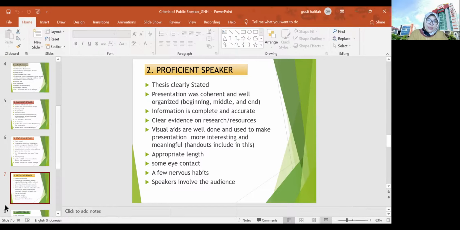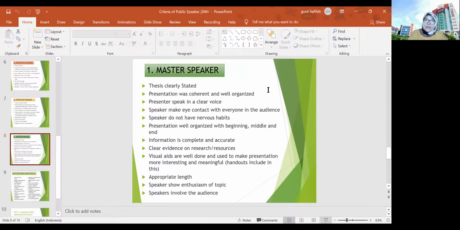This is the last. Master speaker. You will be considered a master speaker if the thesis you're presenting is clearly stated, the presentation is coherent and well organized, presenters speak in a clear voice, and the speaker makes eye contact with everyone in the audience.